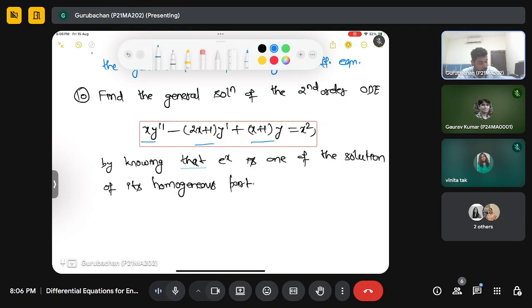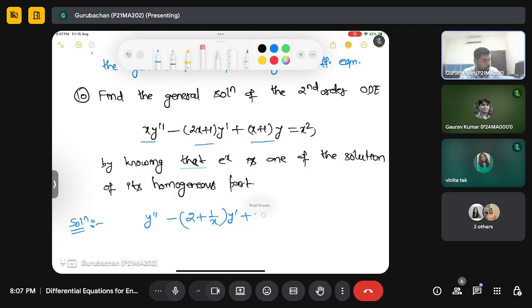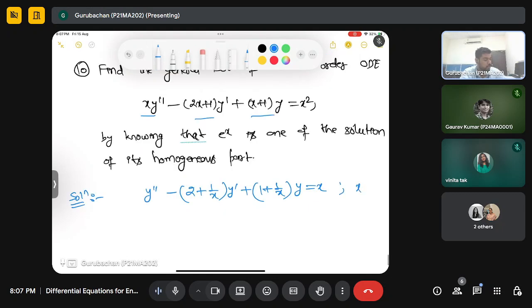So for that, we need to convert the given differential equation into a standard form. We will divide the whole equation by x. So this will give you minus 2 plus 1 by x times y dash, plus 1 plus 1 by x times y, equals x. It's obvious x cannot be 0, so you can take a positive domain or a negative domain.